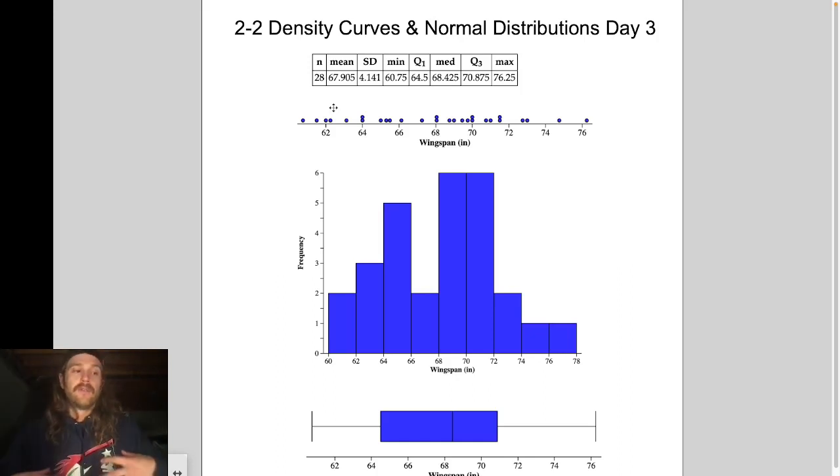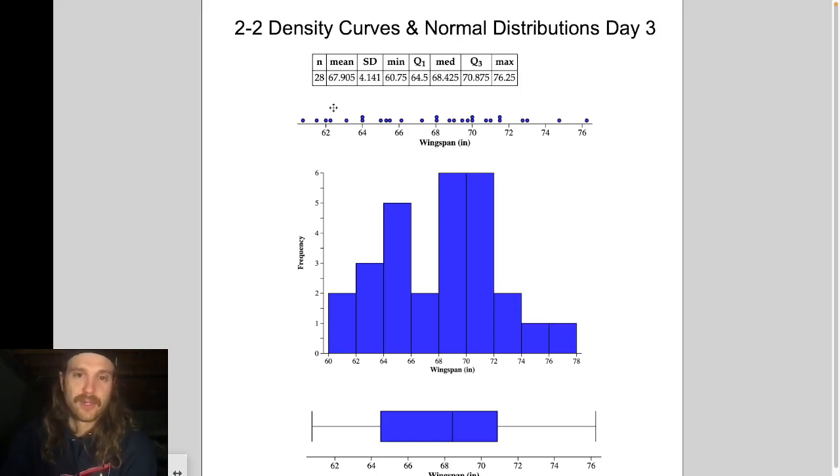So in this class, it's going to be a common practice that before you make any calculations whatsoever using Table A, normal CDF, or inverse normal, you have to first convince people that the distribution itself is normal. If it says so in the problem, you're good, but if it doesn't, then you have to argue it. And that's what you're going to learn today. How do we argue whether or not a data set is normal? So let's go ahead and get started.